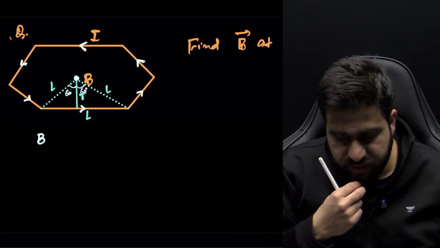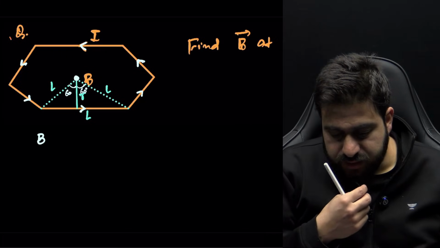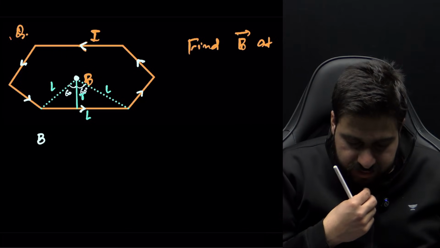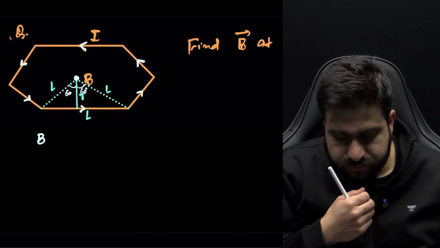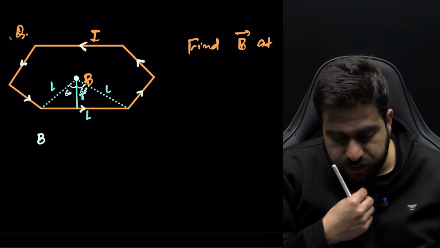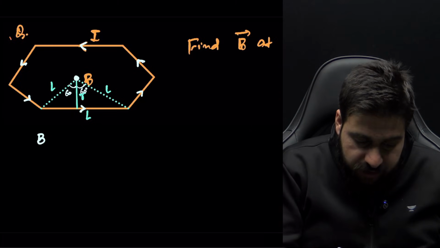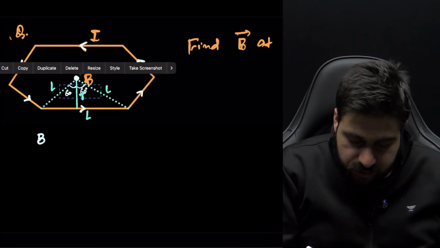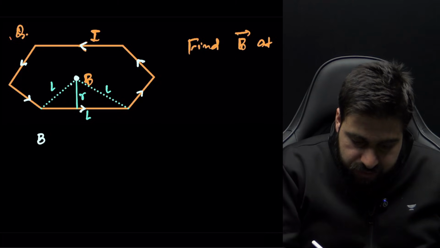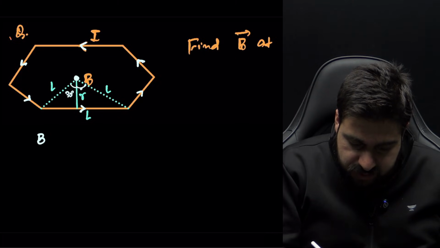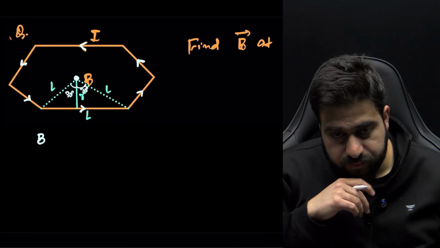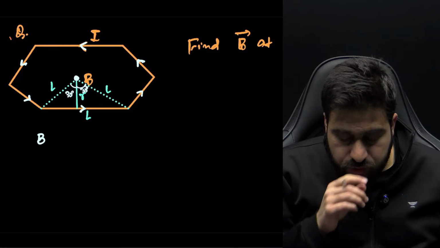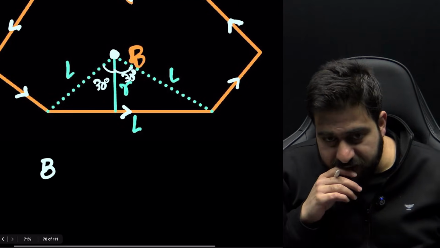Now, my dear NEET aspirants, what I want you guys to do in this particular case, oh sorry, this will be 30 and this will be 30 because the total is 60. So you find the magnetic field due to this one wire.